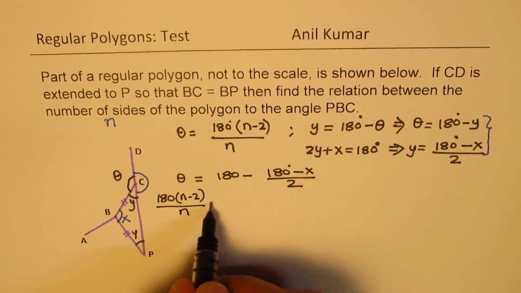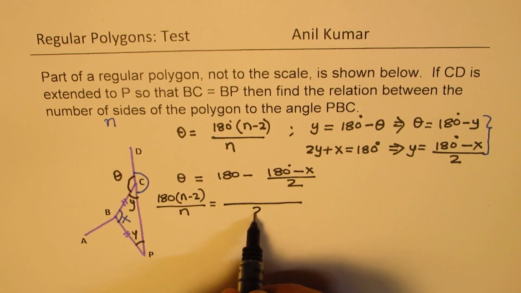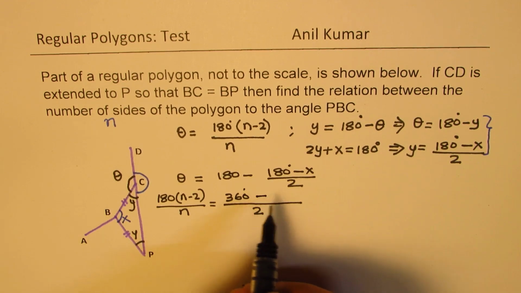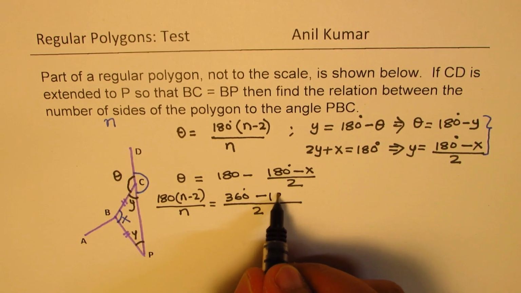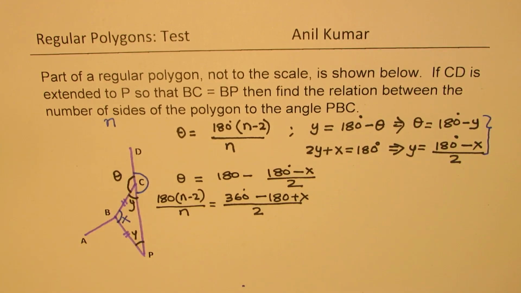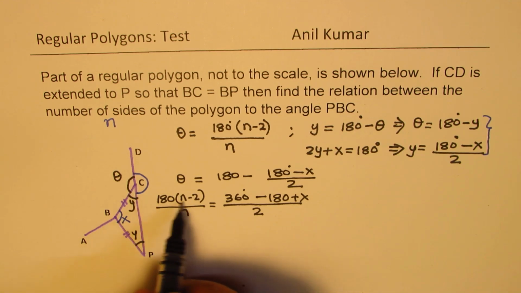divided by n equals, taking 2 common here, we get 360 degrees. Now, with this minus, both the signs will change. So it becomes minus 180 plus x, correct? Minus and minus makes it plus x. So we can simplify this a bit more.